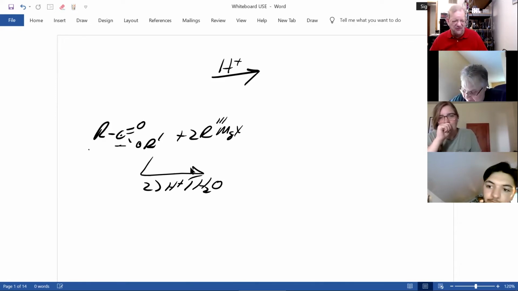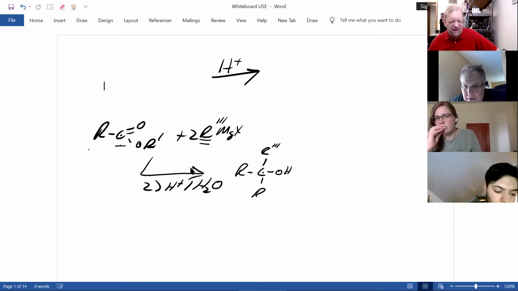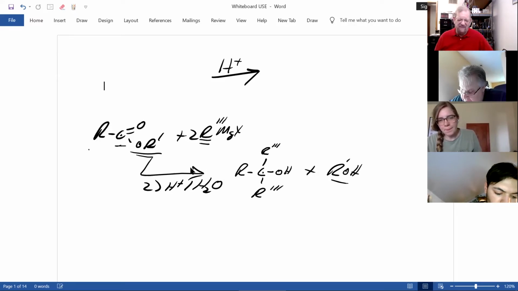The carbonyl group is the best. But anyways, with this carbonyl carbon, what's attached to that stays attached. Then it opens up to an alcohol. And the two R double prime and R triple prime are bonded to that. Then this part here gets spit out. And you get this alcohol.